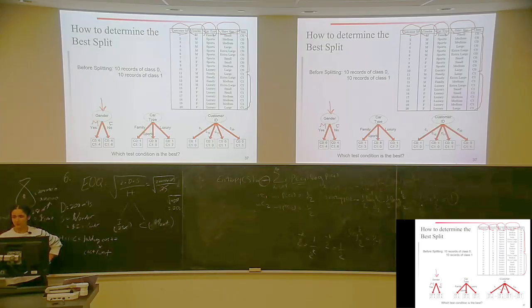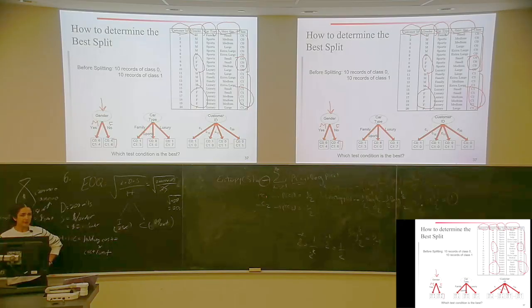Here we have 6 males belonging to class 0, 4 males belonging to class 1. That is why you see C0 6 here, C1 4. And here is for female. Out of 10 females, 4 of them belong to class 0, and the other 6 belong to class 1. This is what you see here, right?